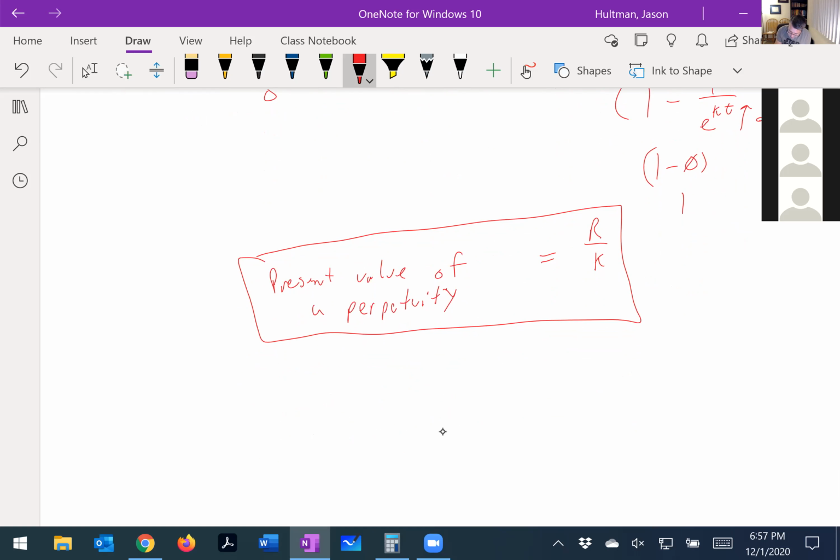The perpetuities that you really think of are just annuities, but they're just annuities that don't ever run out of money.